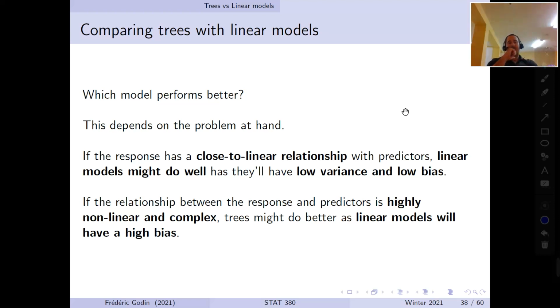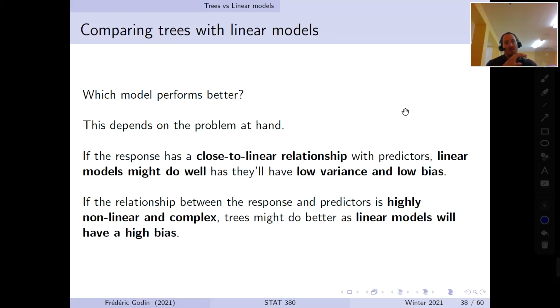Conversely, if the relationship between the response and the predictors is very complicated, very nonlinear, then decision trees might do better because the linear models will be very heavily biased. So there's no single best model.